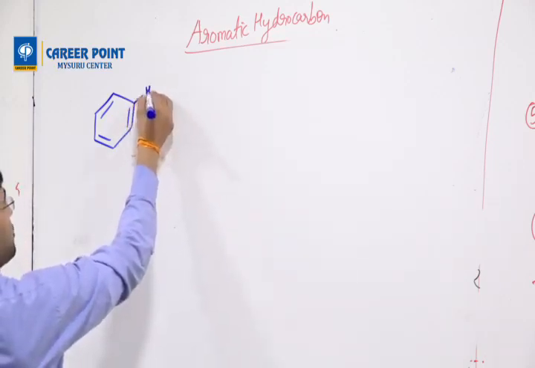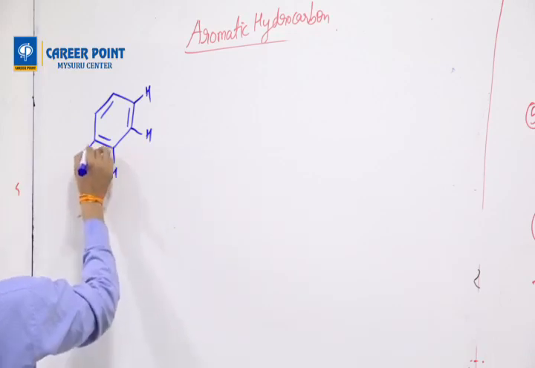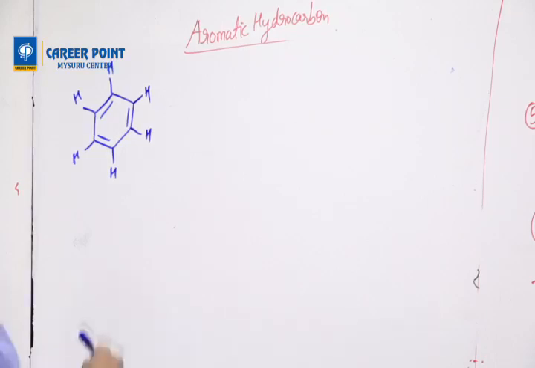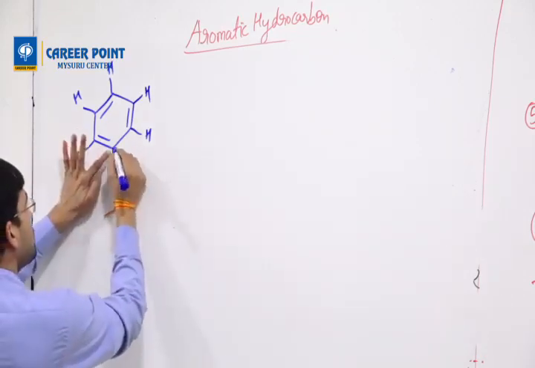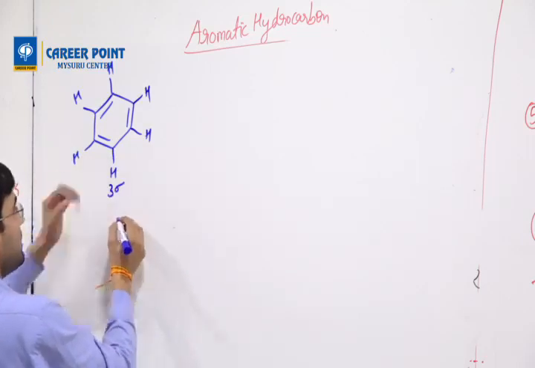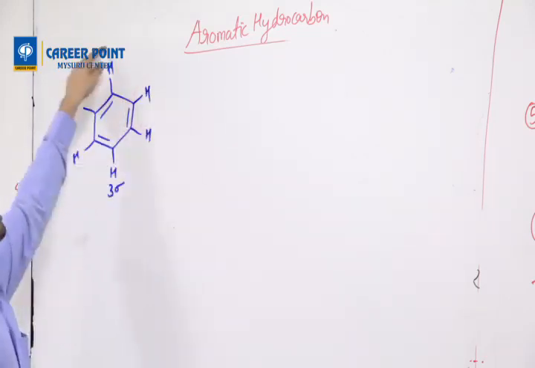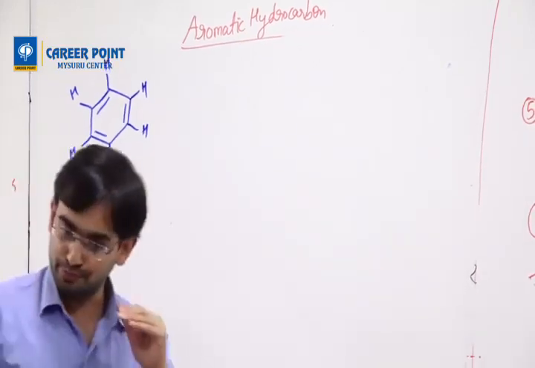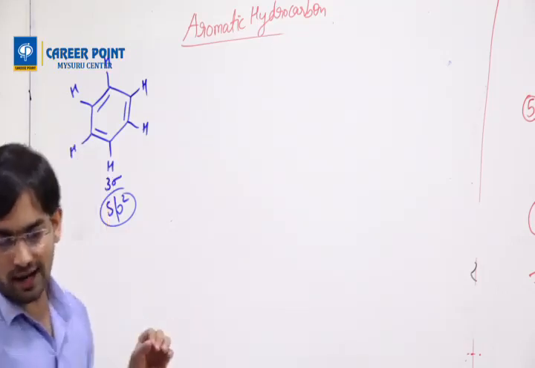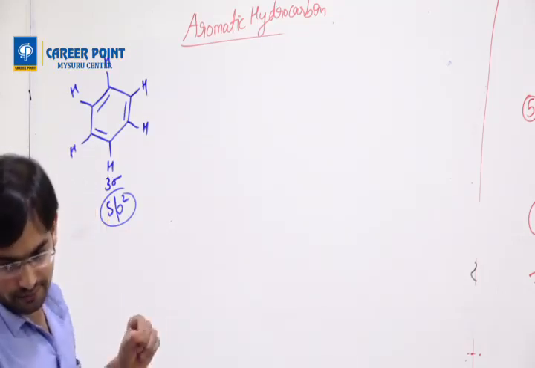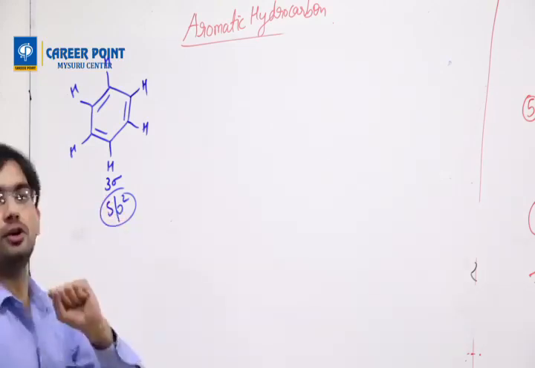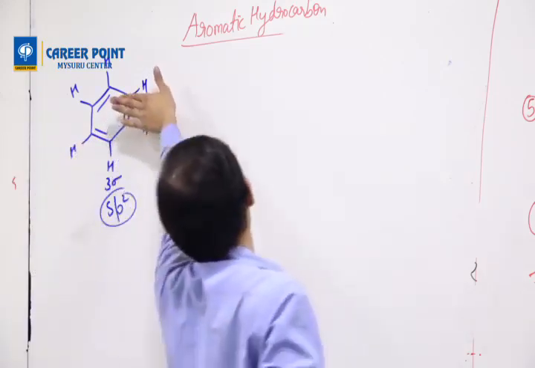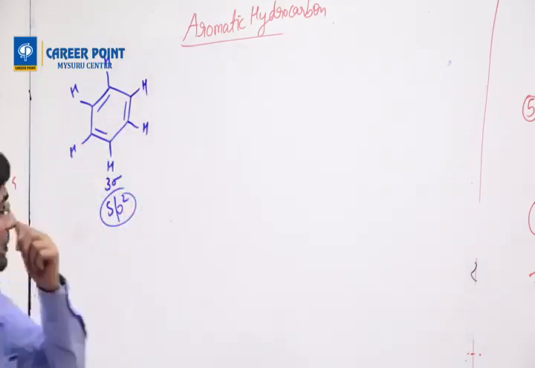This carbon has got hydrogen and two other carbons, so 3 sigma, 1 pi, and pi we don't count. 3 sigma on each carbon, so they all have sp2 hybridization. It means all are trigonal planar, so the whole molecule is planar.